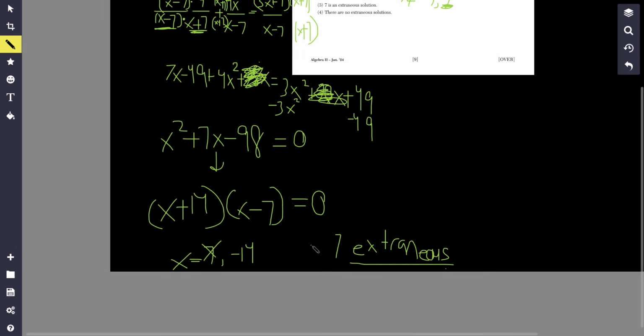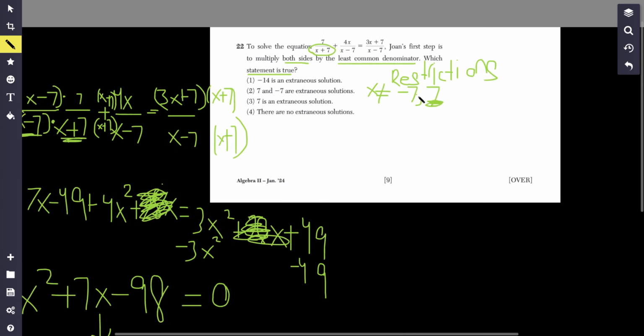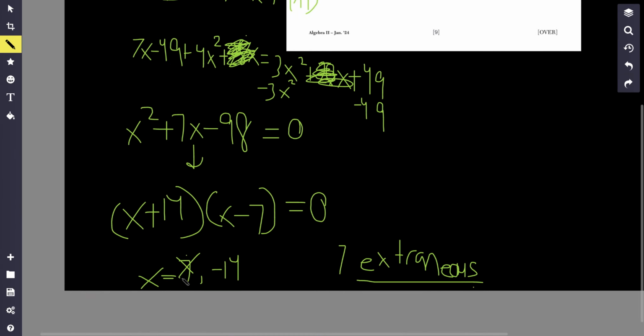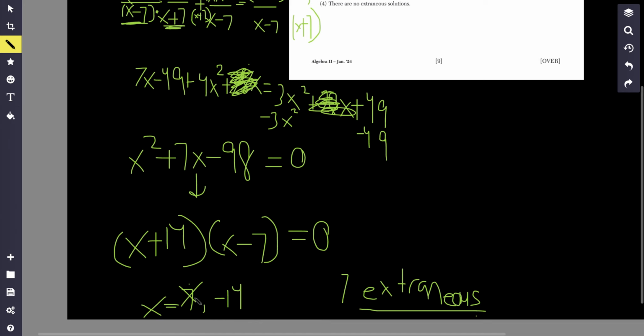However, another way a solution can be extraneous is if it matches your restrictions. Your restrictions simply state what x can be equal to. But when a solution matches this restriction, then it's considered an extraneous solution, because we know that x can't be that value.